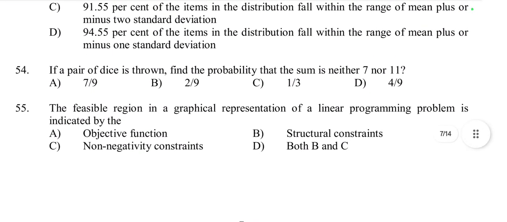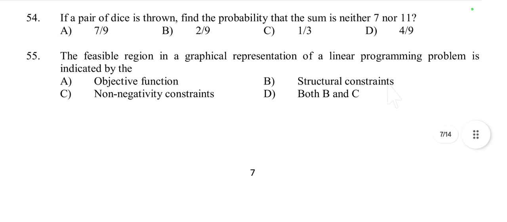Then question number 54. If a pair of dice is thrown, what is the probability that the sum is neither 7 nor 11? Probability based question. So to solve this, we need to calculate the probability that the sum of the two dice is neither 7 nor 11. So step by step we will calculate.